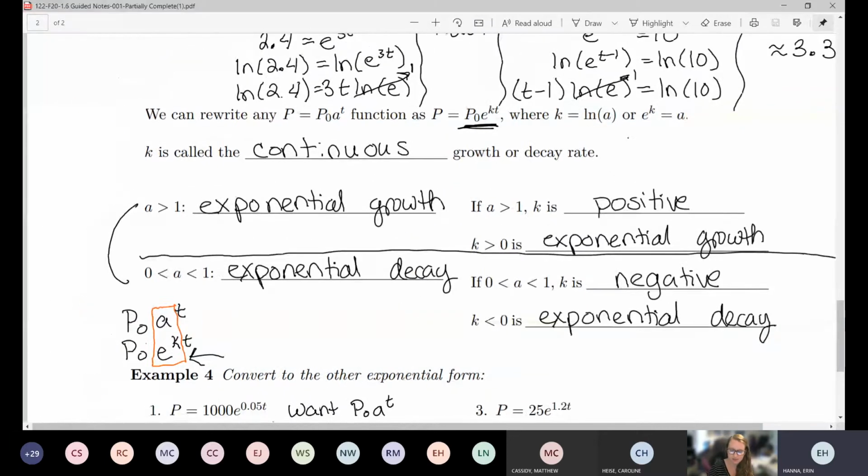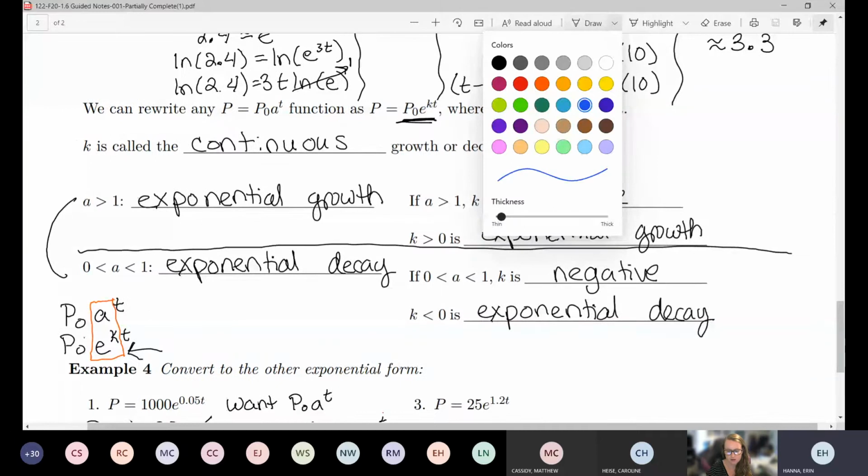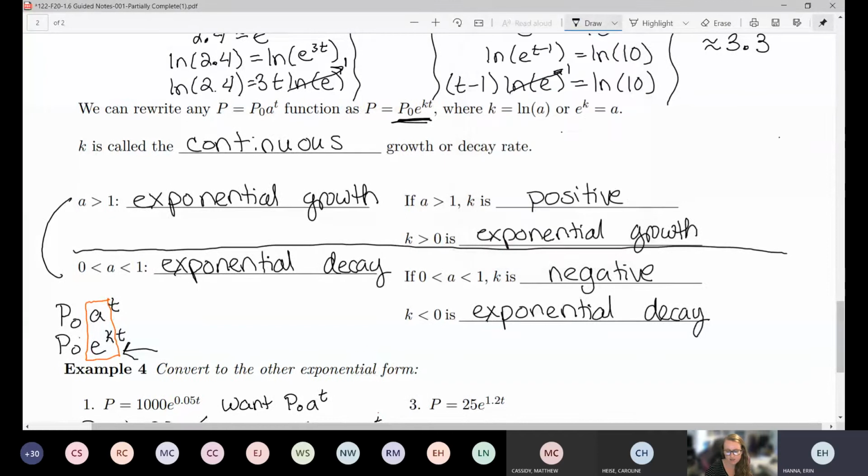The difference is pretty much just based off of whether you see the word continuous or not. If you see continuous, then it's going to be an e to the kt form. And if you don't see continuous, it's going to be the usual a to the t form.